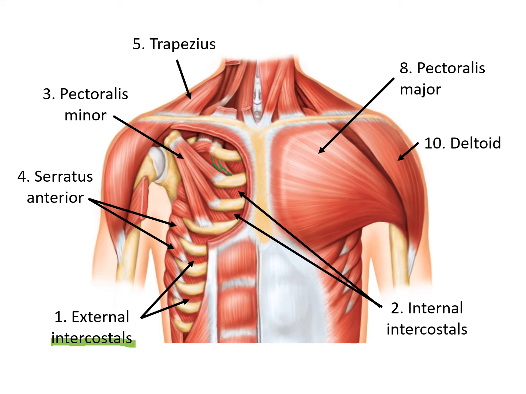The internal intercostals angle down and out. These are breathing muscles. The external intercostals lift the ribs to help you inhale, and the internal intercostals lower the ribs when you want to exhale with more force.